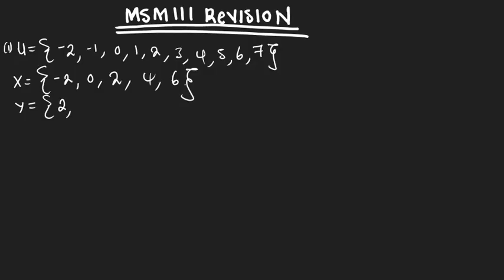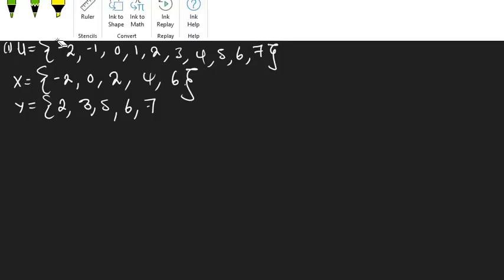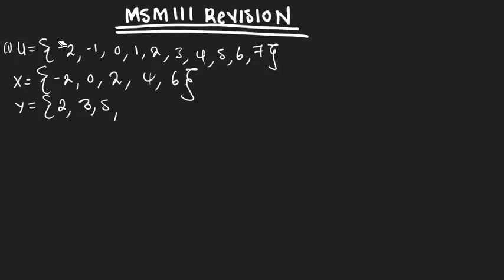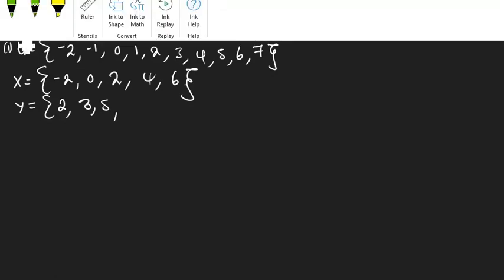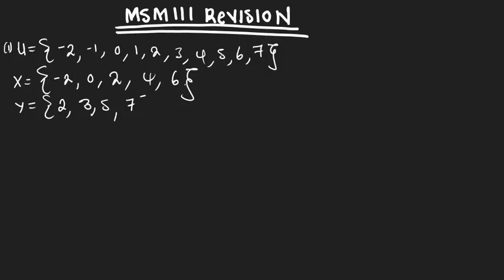Prime numbers start from 2. Then we are going to have 3, and then 5, and 6 is not a prime number, so 6 must be out. So this is going to be 5, and then 7. So this was the set that they gave you.